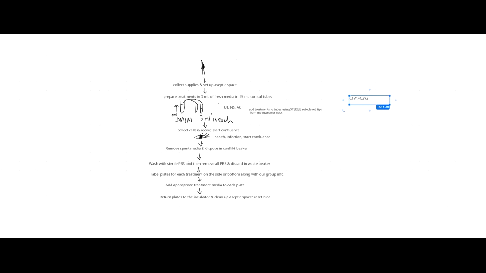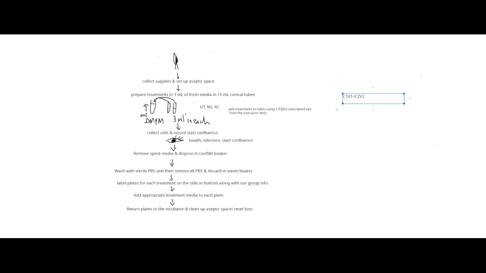Then V1 is going to be the volume of drug you need based on that chart for 3 ml.